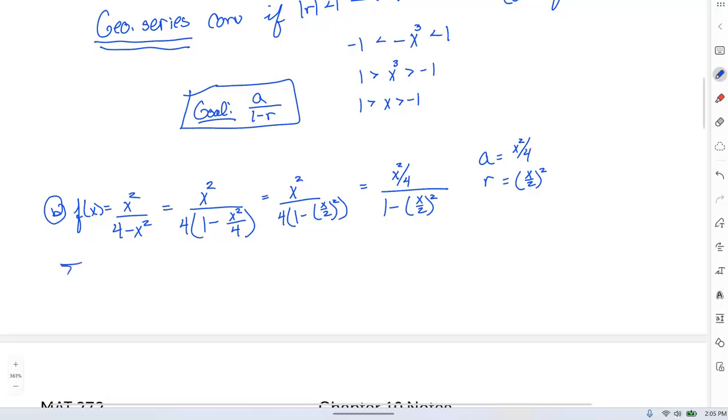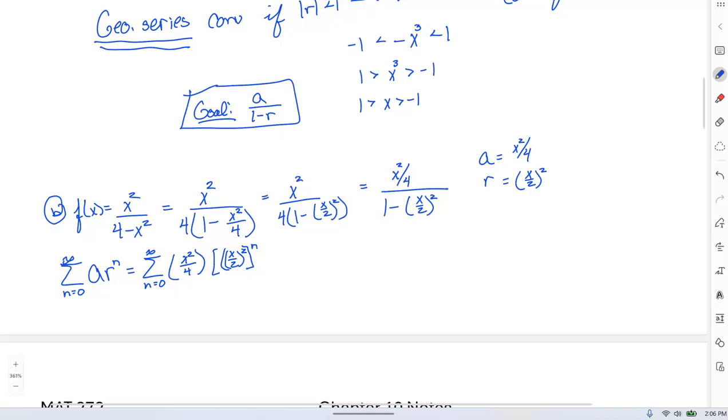So my geometric series, and we would write this from n to infinity of a times r to the n. So this is going to be the sum from 0 to infinity. A is x squared over 4. R is x over 2 quantity squared, and that's raised to the n.